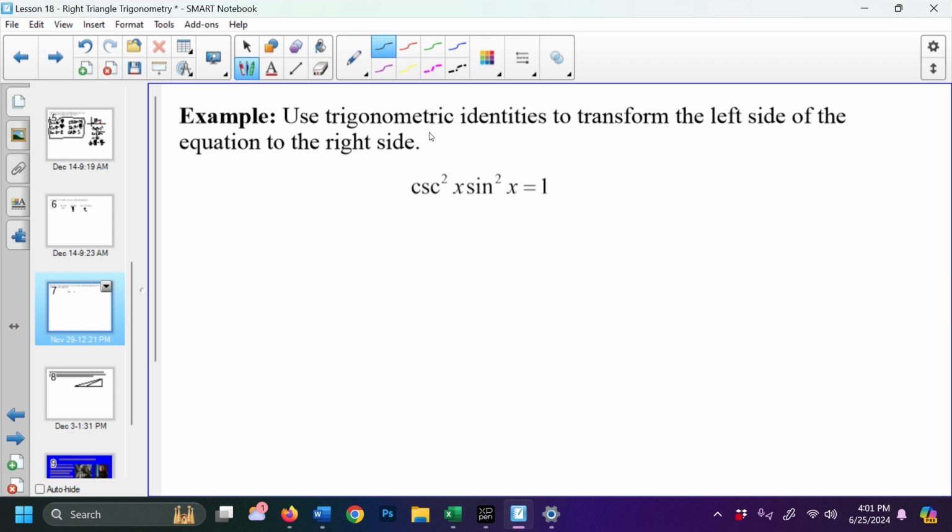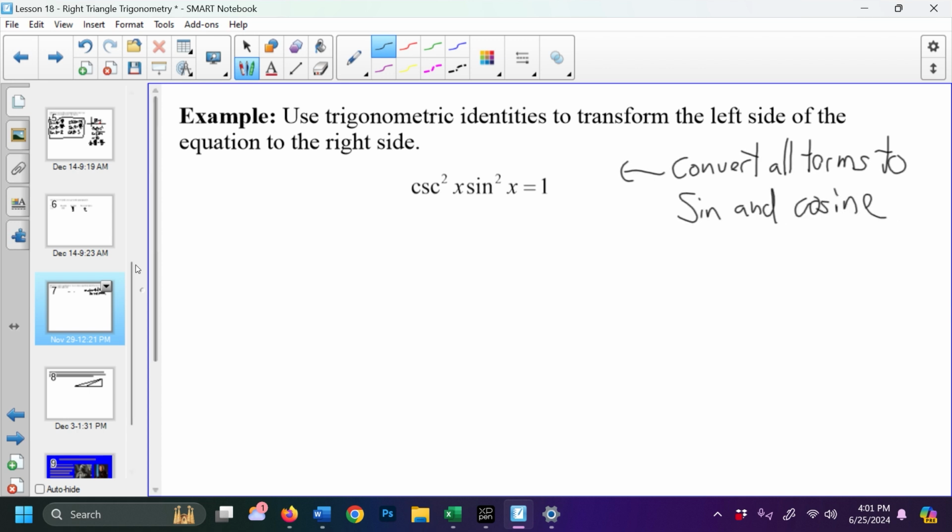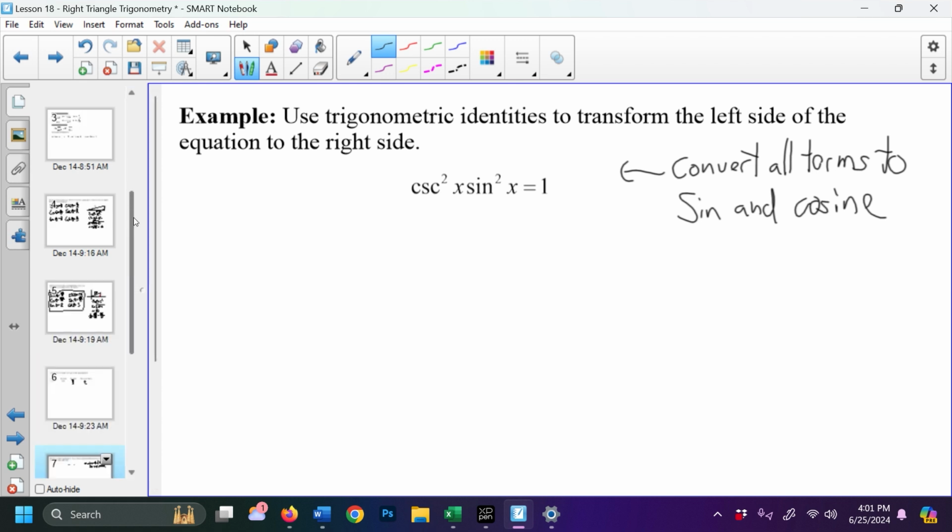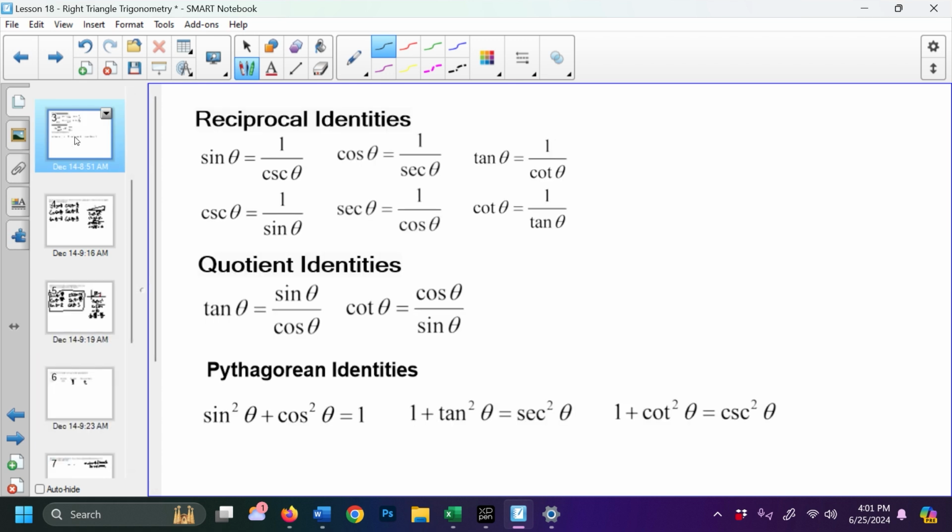And one powerful tool that you will be regularly using is to convert all terms to sine and cosine. And if we look back up here at those identities, we see that the cosecant is the reciprocal of the sine function, and that works even if it's squared.